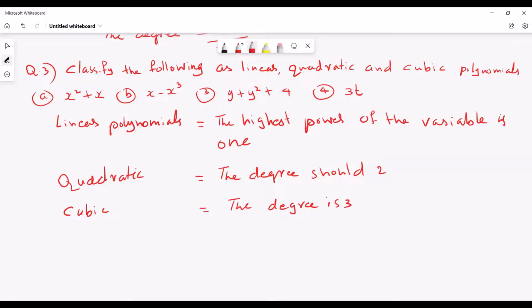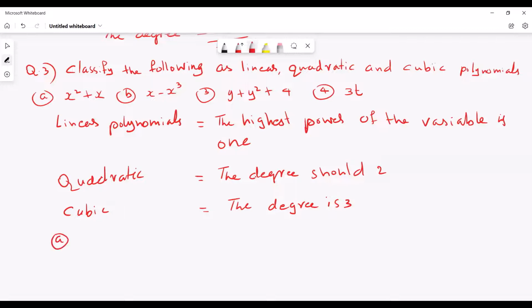So when a polynomial is given, we have to see the highest power of the given variable of that polynomial. Then we can say whether it is linear, quadratic, cubic, or any other higher polynomial also.